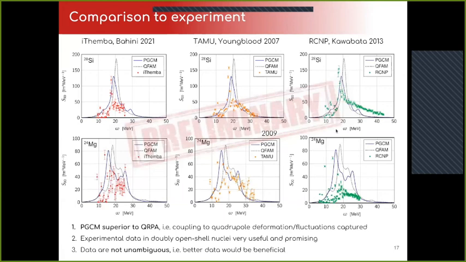The other two plot results from previous experiments by a Texas group and the Japanese one. However, we must say that these data are not always necessarily compatible between them. So clearly, better resolution, better data in general would be beneficial for our investigation. But still, it is very interesting to see this pretty good agreement between the experimental data and the P-GCM solutions.